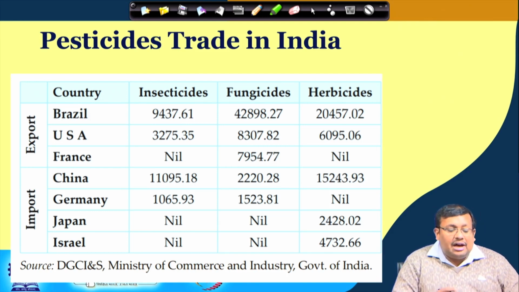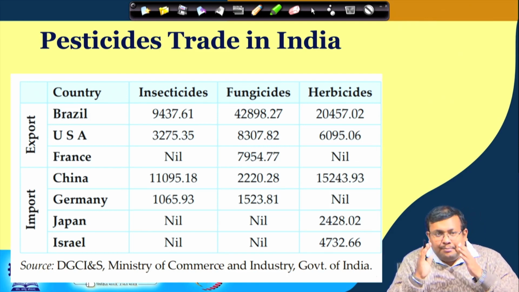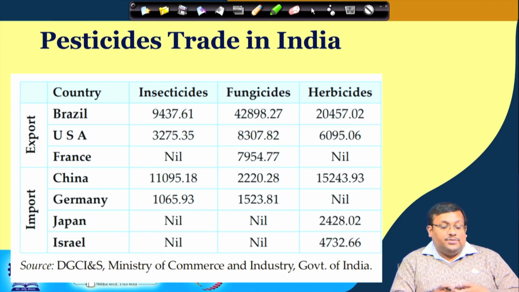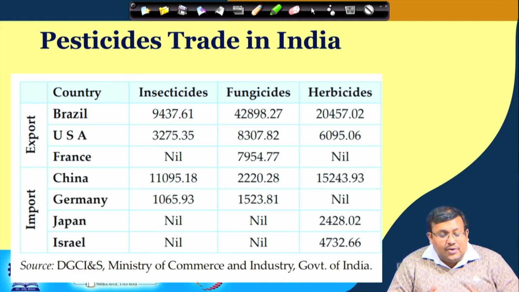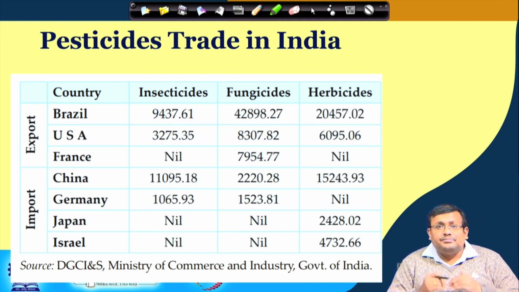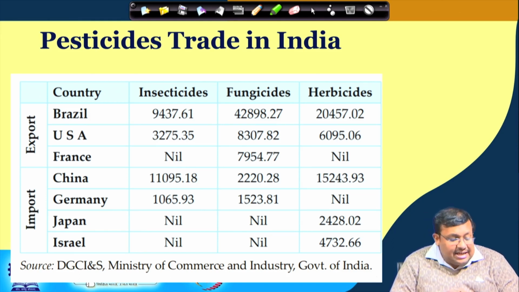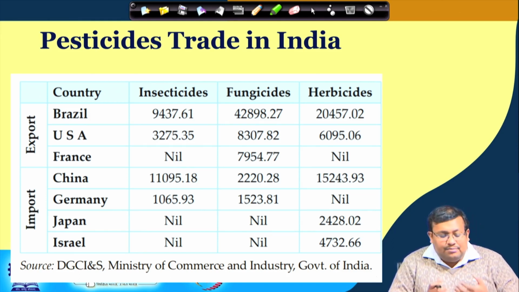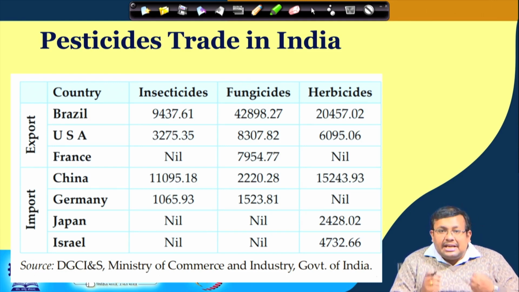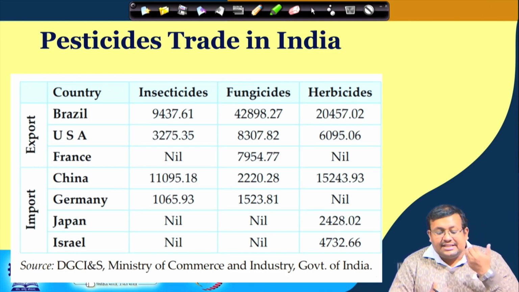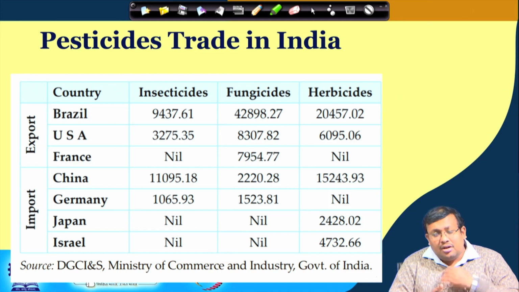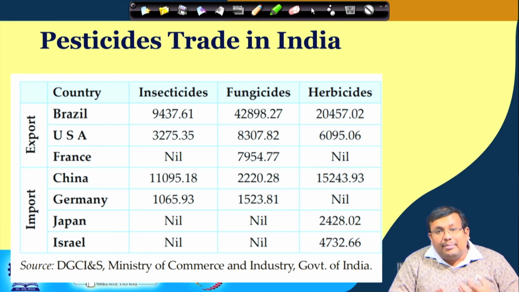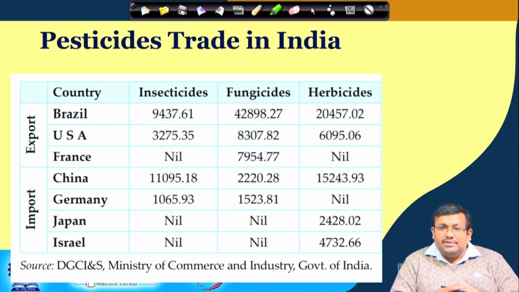As far as export is concerned, the major destinations for Indian insecticides, fungicides and herbicides are Brazil and the USA. In the case of France, India exports only fungicides. For imports, China is the major source of insecticides, fungicides as well as herbicides, and India also imports insecticides and fungicides from Germany. From Japan and Israel, it imports different types of herbicides.